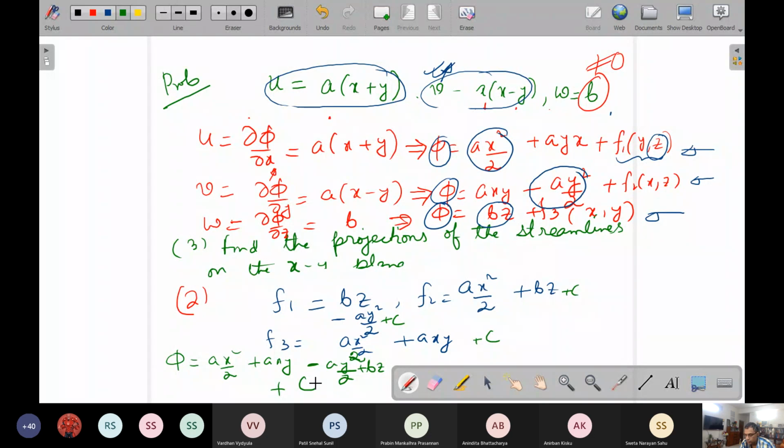So the choice of the c is arbitrary in a sense that if you consider that at x, y, z equal to 0, phi is equal to 0, then you will get c equal to 0. So c is just a reference value. It depends on that at some given x, y and z, what is the value of phi that you take. So this problem, I try to make sure that you understand the spirit of partial integration properly.